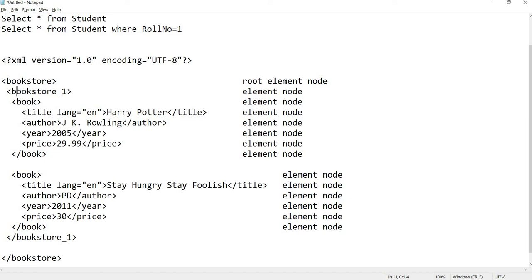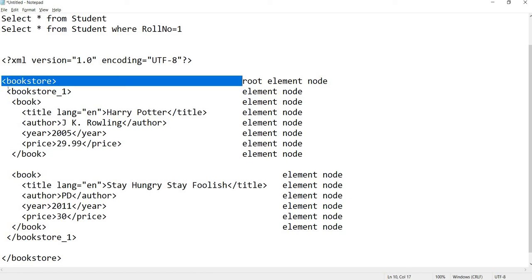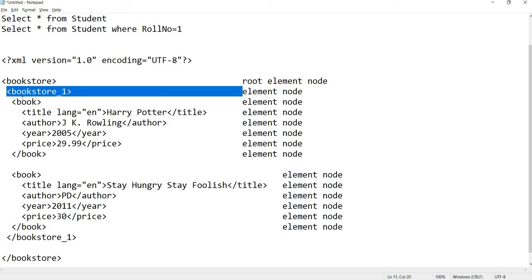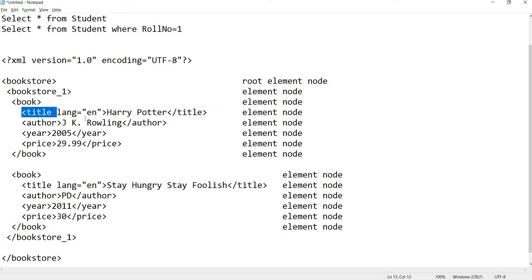But when you say descendants, descendant means all children including grandchildren. So descendants of bookstore are bookstore underscore 1, book, title. If this title has another children, that also. So descendant means any level of children including the immediate child. But when you say child, it has to be an immediate child only. Immediate child only is in the scope when you say child, but when you say descendant, immediate and any level of grandchildren is in scope, right?